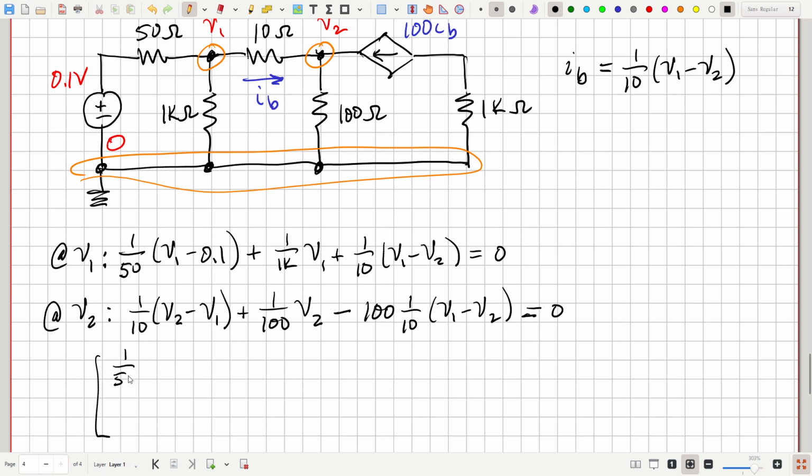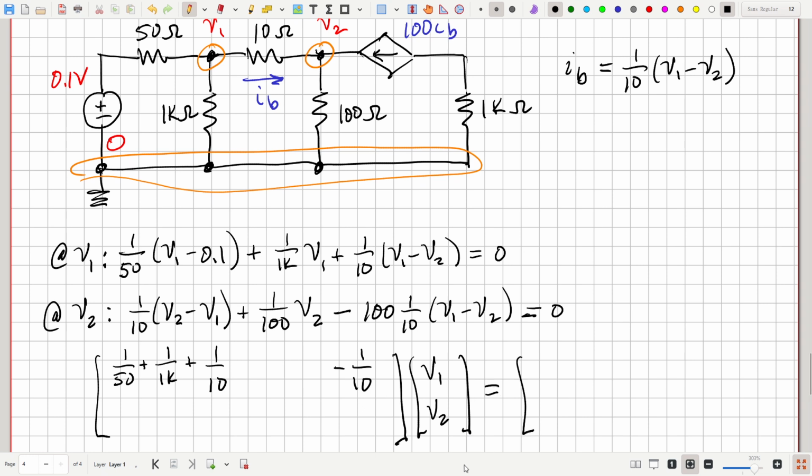And the V2 is just minus 1/10. This times V1, V2. And on the right-hand side for the first equation, here's minus 0.1 over 50. On the other side becomes 0.1 over 50.